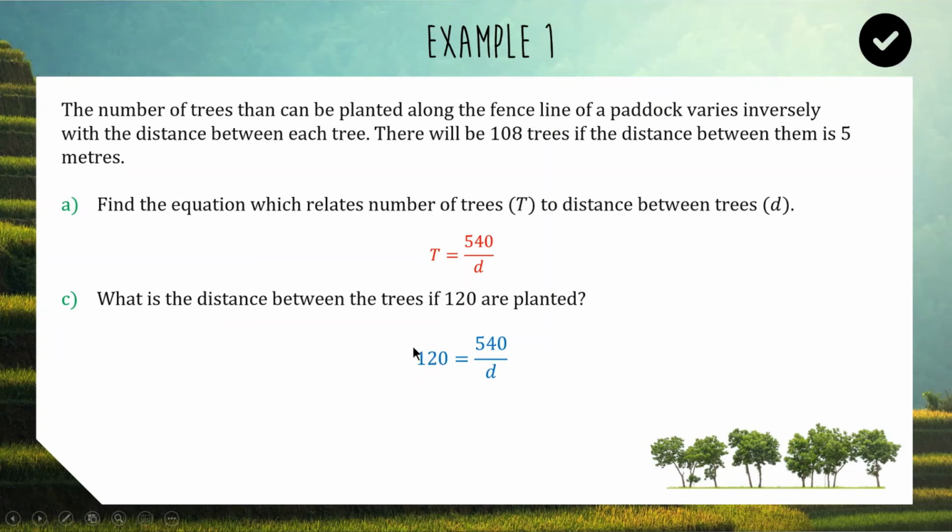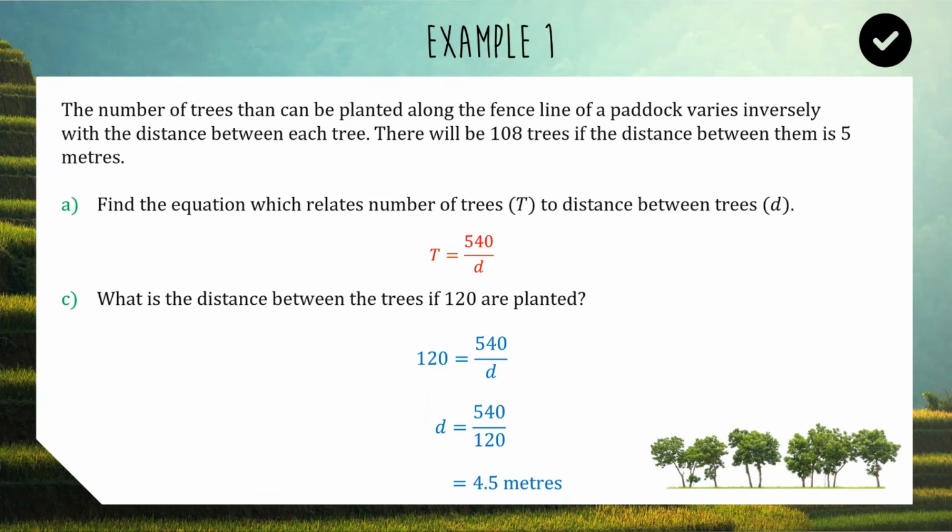So these two values here are just going to swap places. So we have D equals 540 divided by 120. That works out to be 4.5 exactly, actually. So when there are 120 trees, rearranging this formula by putting the D here and the 120 there, we get an answer of 4.5, and we've answered the question.